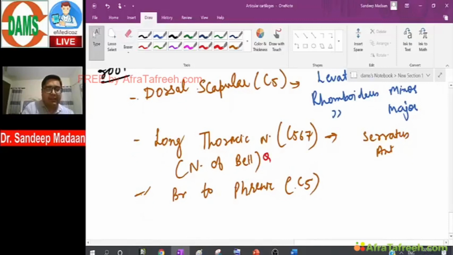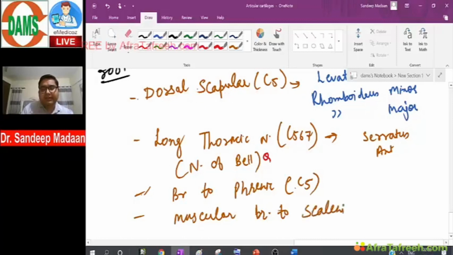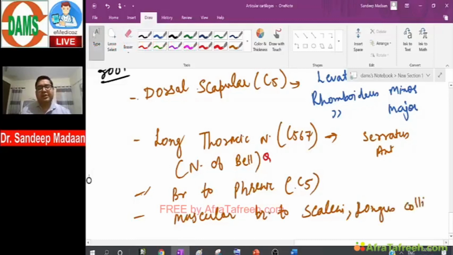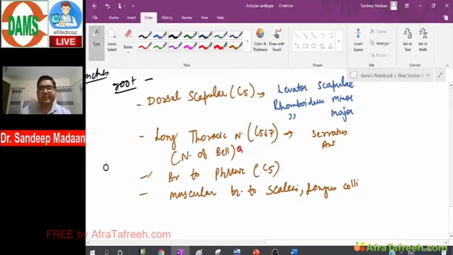Also, there is a muscular branch to the scalene muscle and the longus colli muscle. This is not very important, but you need to remember for the sake of completion that the longus colli and scalene muscle branches are also given from the root of the brachial plexus. So these are the branches from the roots.